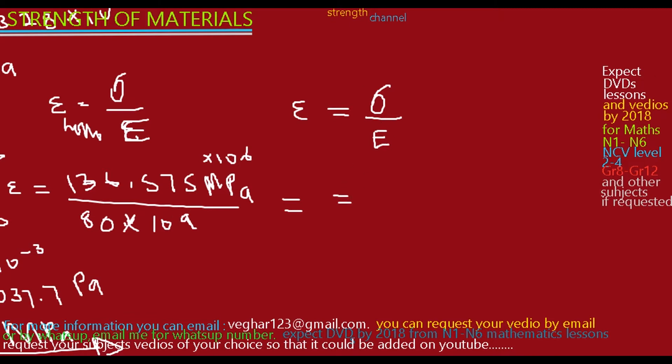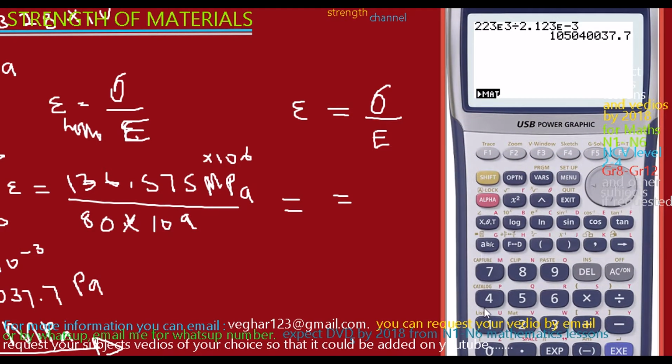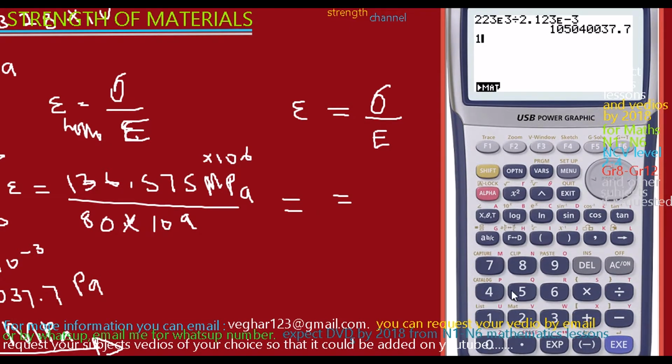And so this, you'll have something like 1, and then exp 6, then divide by 80, exp 9.